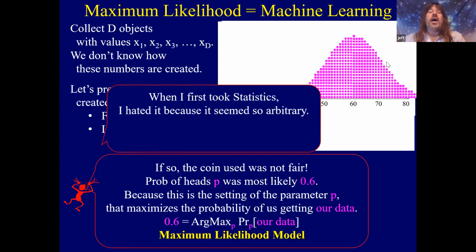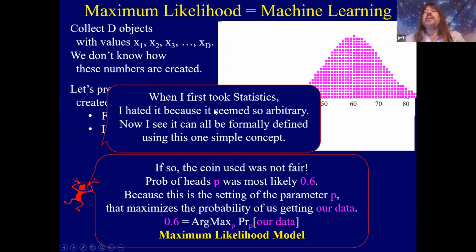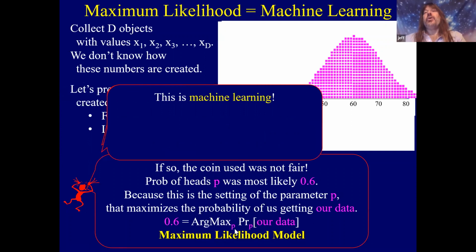When I first started taking statistics in undergrad, I hated it because it seemed so arbitrary. But as I started to figure it out, I realized that everything they do is pretty much using this simple concept, the idea of maximum likelihood. Let's understand it a little bit better.